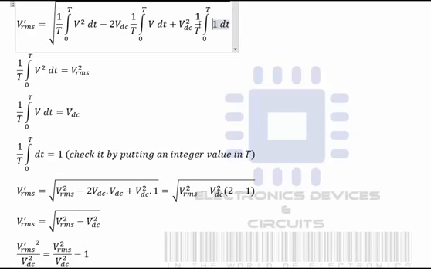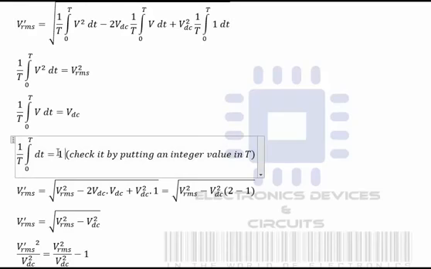If you integrate 1 from 0 to T, you get T minus 0, which is T, and dividing by T, T by T cancels and you get 1. So the integration turns out to be 1.